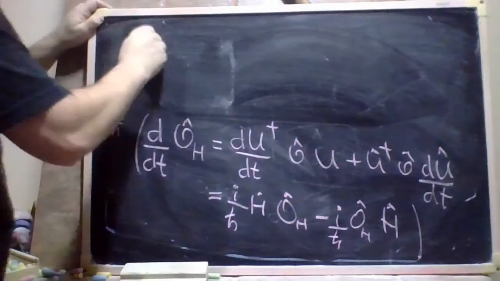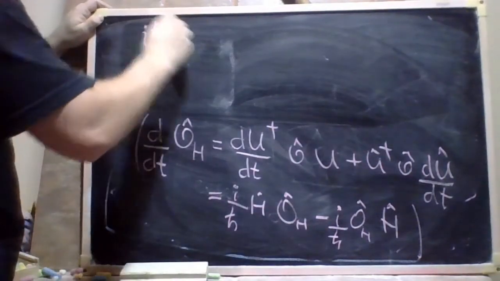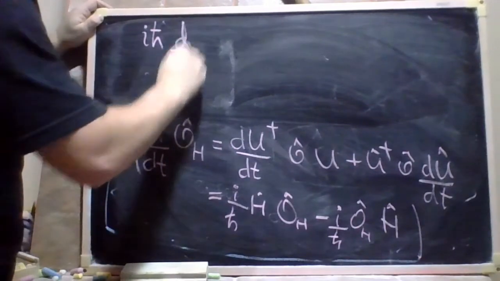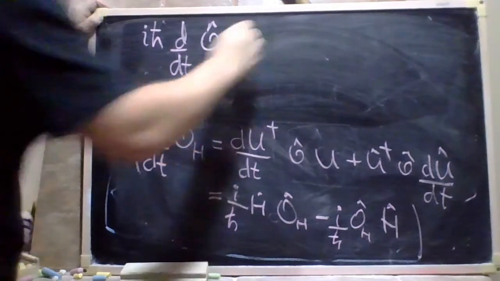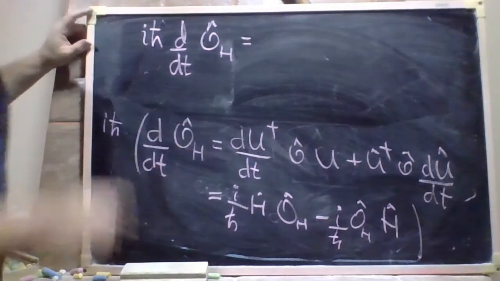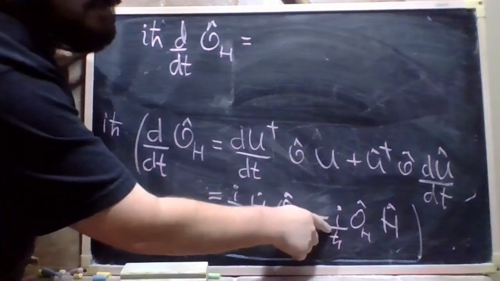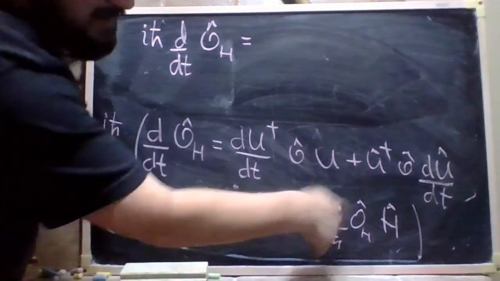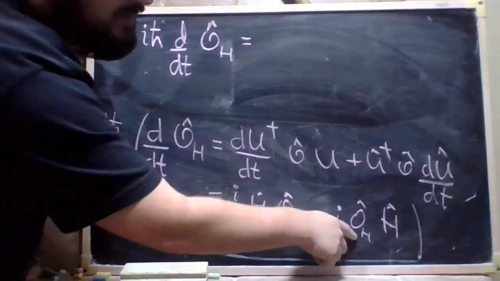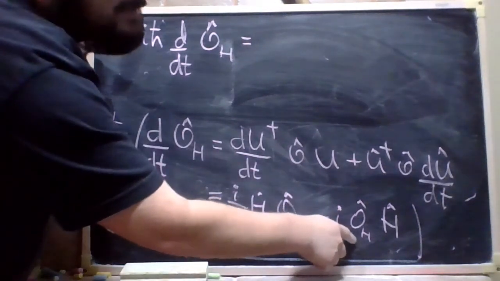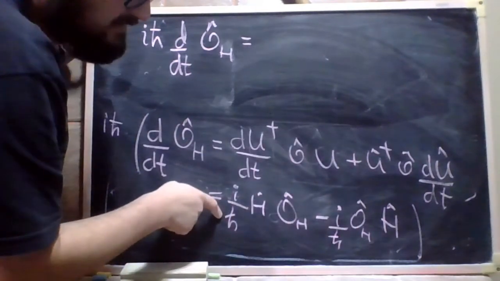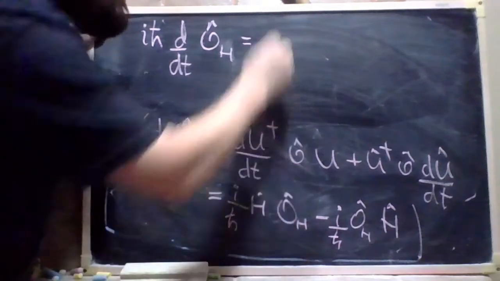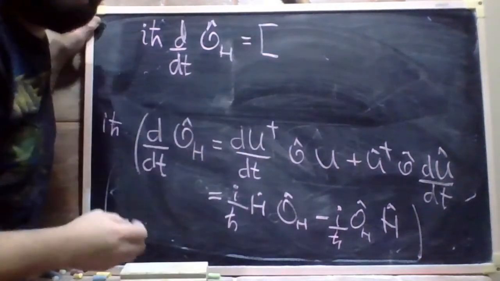So you'll find i h bar times the time derivative of a Heisenberg operator is equal to, when you multiply the imaginary units and the h bar cancels out, this goes to a positive number, this comes to be negative, and you find a commutator. You can easily demonstrate that.